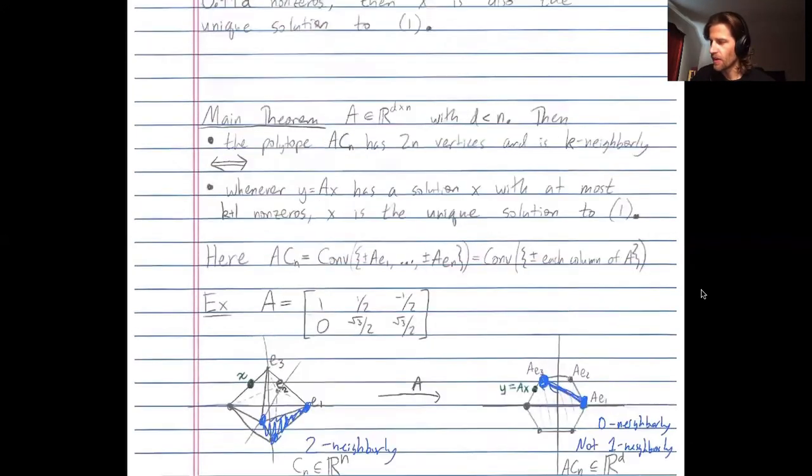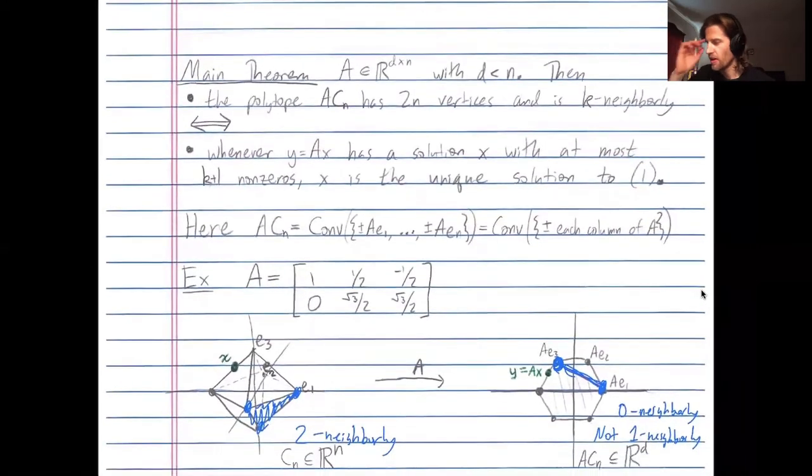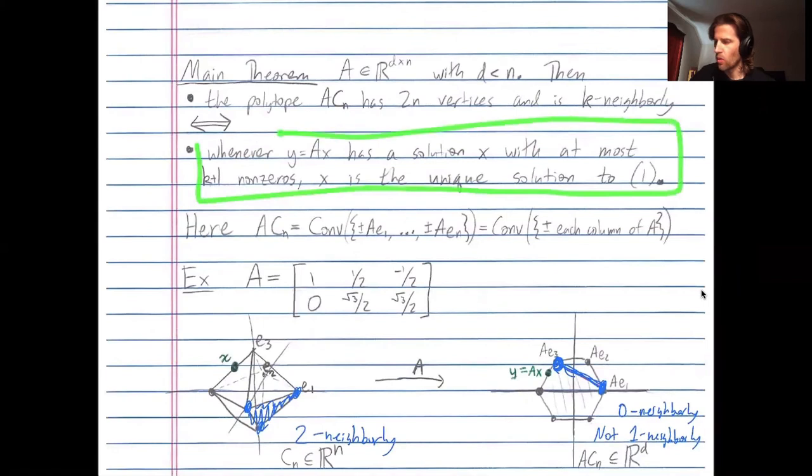All right, so now we can look at our main theorem a little bit more. The second bullet point is saying, when does matrix A have this problem that's solving the L1 norm problem and also solves the L0 norm problem?